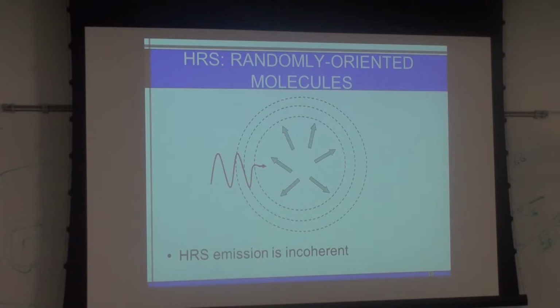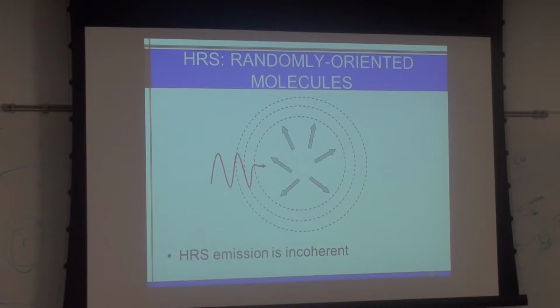Now, one can imagine each one of these molecules, and you guys would appreciate this being electrical engineers, each one of these molecules can be oriented randomly in three-dimensional space, right? So from an antenna perspective, each one of these is radiating like an antenna, but is radiating effectively out of phase with respect to the other ones.